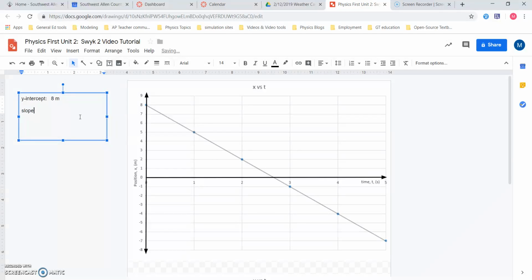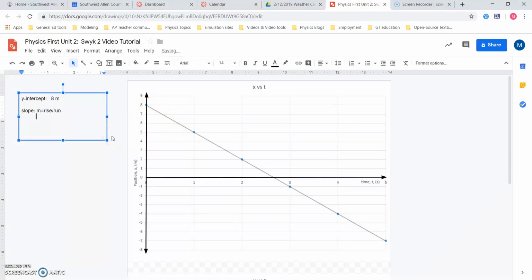Okay, what's the slope? Well, you know from math class that slope m is given as the rise divided by the run. Well, for this particular one, if I start here at 8 and I go to the next dot, which is at 5 here, the rise is actually a -3.